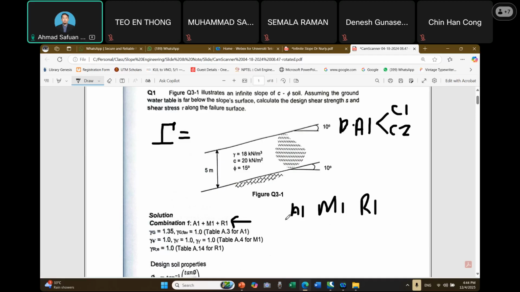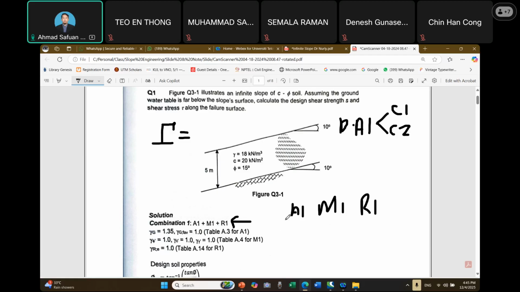That is for the A1. Stability is considered favorable, while instability of the actions toward any geotechnical structure is considered unfavorable.